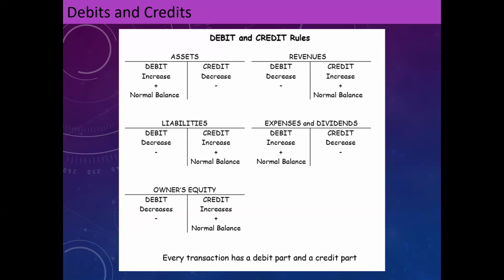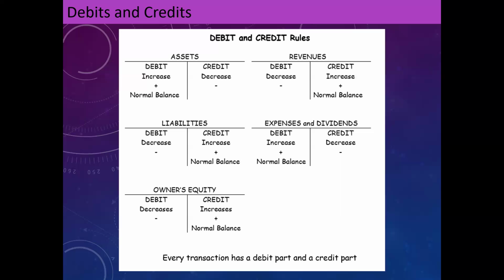So I would ask you, as we start to get rid of those meanings for those terms in your mind, to start with a blank slate and recognize that from an accounting standpoint, a debit simply means an entry where we will enter the values on the left-hand side of the journal entry, and a credit just means an entry where we will enter a value on the right-hand side.